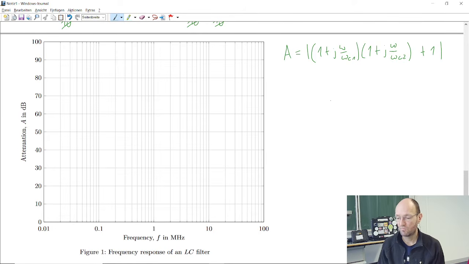We now know values for these corner frequencies, for this corner frequency and for this corner frequency. So what do you suggest next to calculate to finally draw this function?